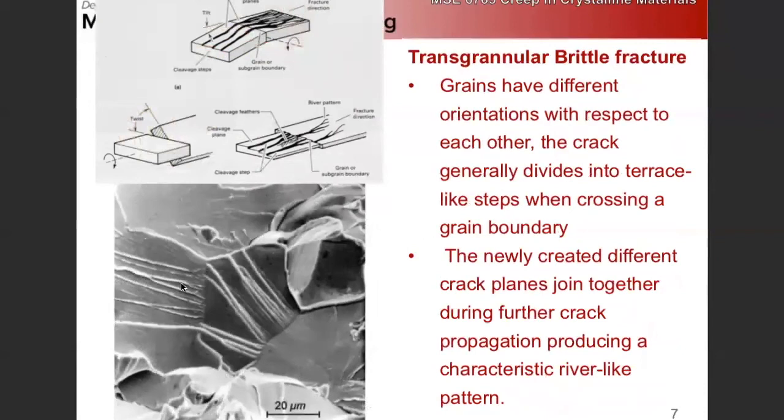So essentially the system wants to minimize the surface area of the crack. Remember the Griffith criterion: when the strain energy released is greater than the surface energy of the crack.